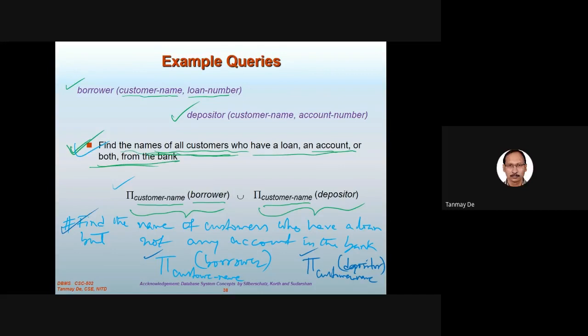Set difference. Good. We need to perform the set difference operation.